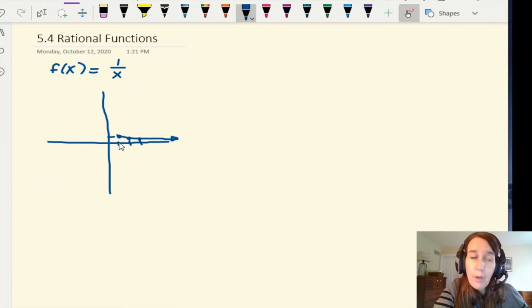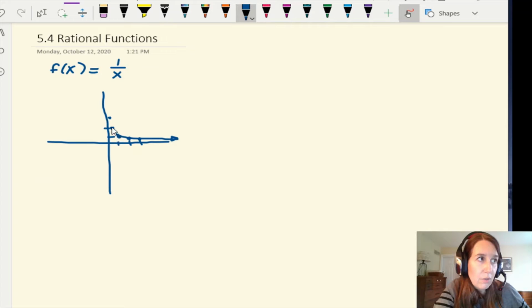If we put in 1/2 for x, it would be 1 divided by 1/2, or in other words, 1 times 2. So (1/2, 2) is on the graph. And likewise, if you put in 1/3, you get 3, and etc.